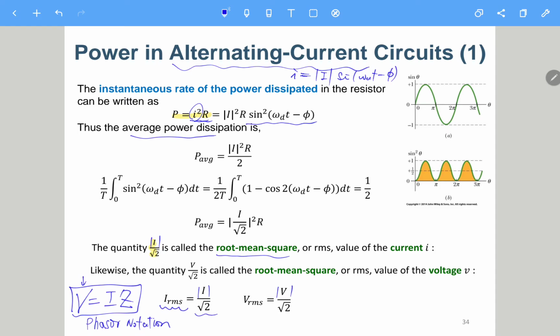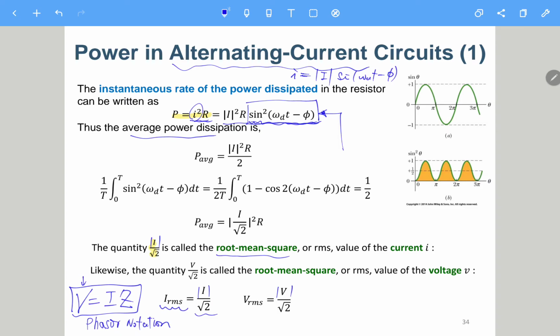Okay, why do we need to divide by square root of 2? Because we would like to know the average power consumed. When you look at this function, it is a sinusoidal with a square. Of course, it is still a sinusoidal, because when you learn trigonometry, this can be substituted into another expression.